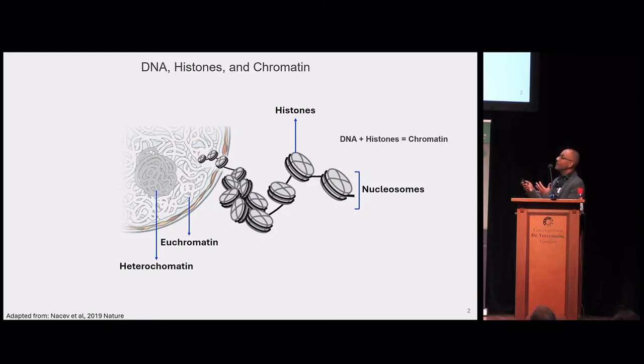Our DNA is wrapped around histone proteins, and these histones make the fundamental unit of nucleosomes. What is important to emphasize here is that euchromatin is an open chromatin state where transcription is prominently active, whereas heterochromatin is densely packed and transcription is silent.